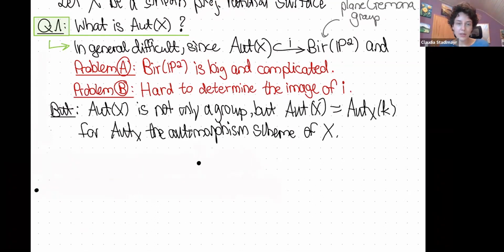By a result of Grothendieck for projective varieties, the automorphism functor is representable by a scheme, which we call Aut_X, and this scheme is locally of finite type. We will need that later.